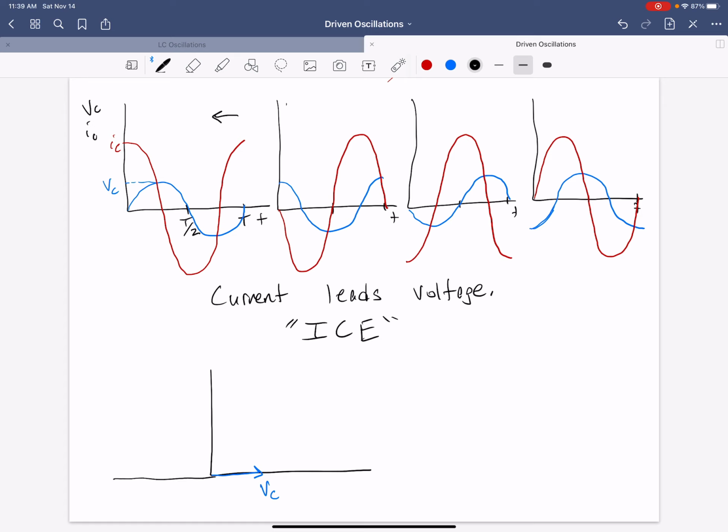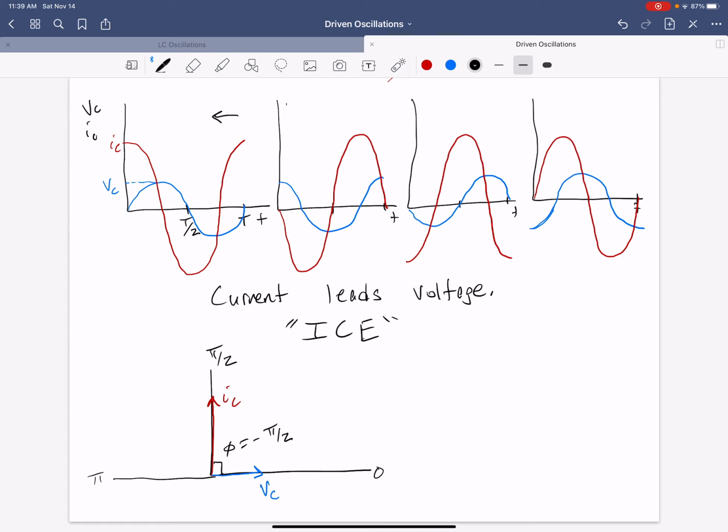This is an angle of pi, that's 0, that's pi over 2. So 1/4 of the way around means that it's right there. Okay? And they are, again, phi of negative pi over 2 apart.